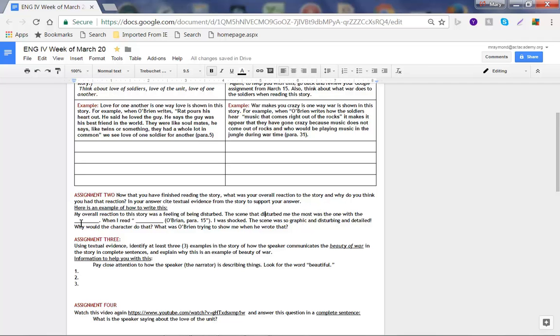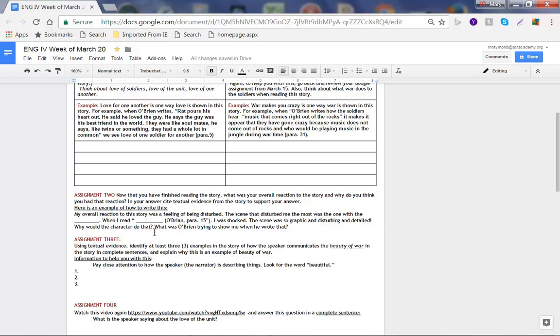Here's an example. My overall reaction to the story was a feeling of being disturbed. The scene that disturbed me the most was the one with, whatever, fill in the blank. When I read, and then here are some quotes from the book, I was shocked. That's my textual evidence right here, the quotes, and I cited it. The scene was so graphic and disturbing and detailed.